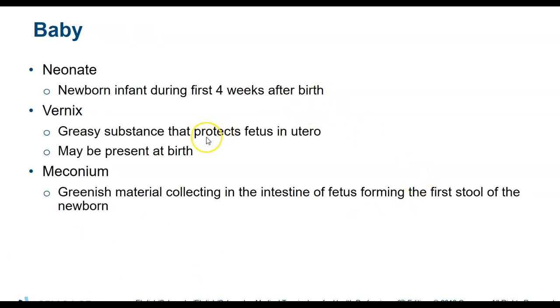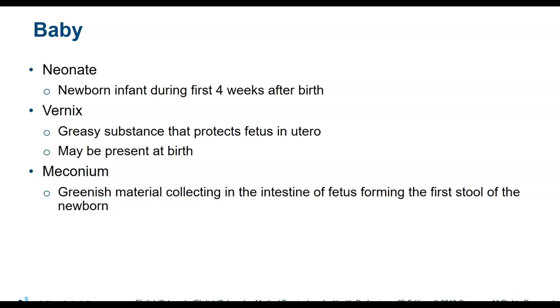In the baby, the neonate is the newborn during the first 4 weeks after life. The vernix is that greasy stuff that protects the fetus in utero, and it can be present at birth. It's like the white greasy stuff that comes out with the baby.